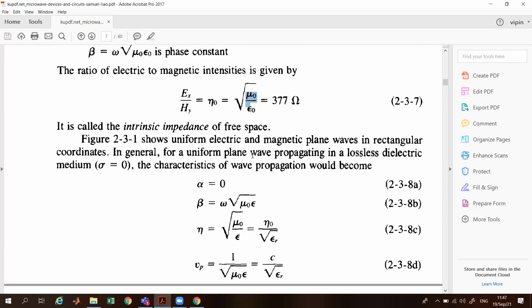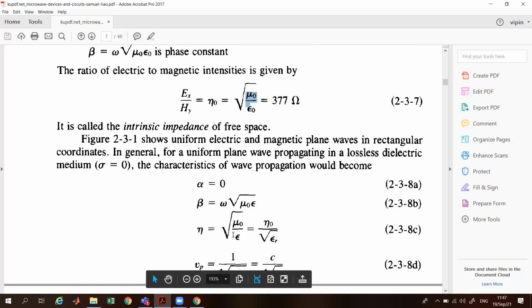In general, for a uniform plane wave propagating in a lossless dielectric medium, sigma equals 0 and beta is equal to this. Eta equals the square root of mu naught divided by epsilon, or you can say eta naught divided by the square root of epsilon r.